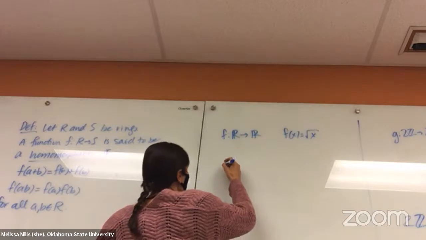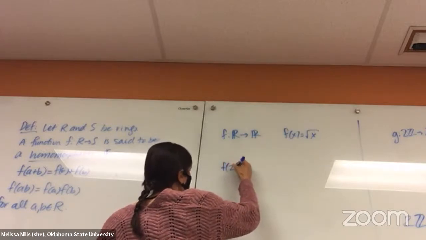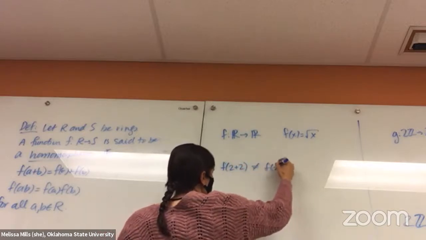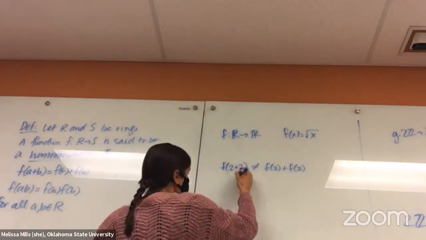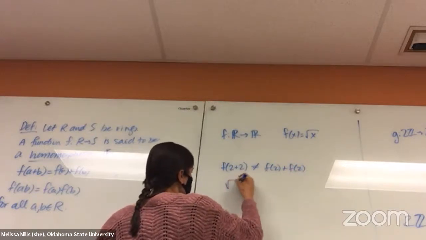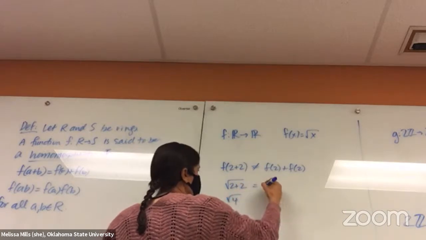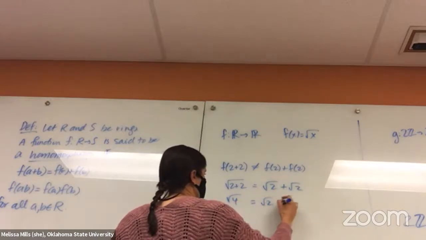Okay, so if I had f of 2 plus 2, you're saying that's not equal to f of 2 plus f of 2? Yeah. Okay, so this is the square root of 2 plus 2, which is square root of 4. And is that equal to square root of 2 plus square root of 2?